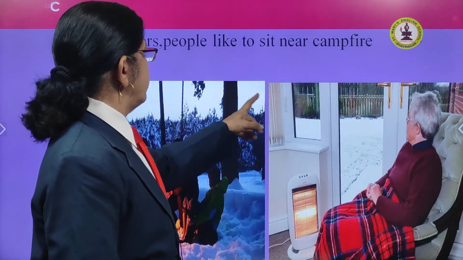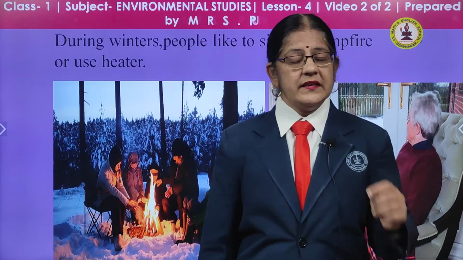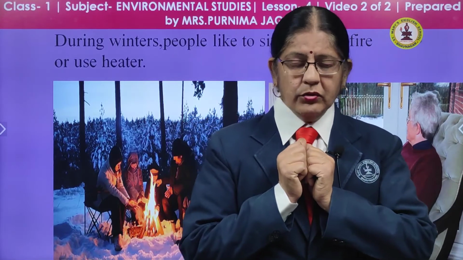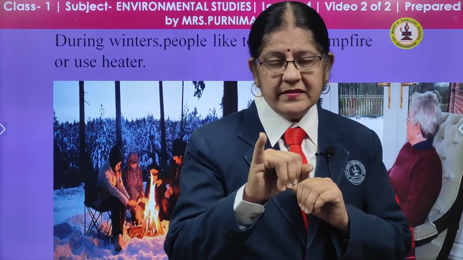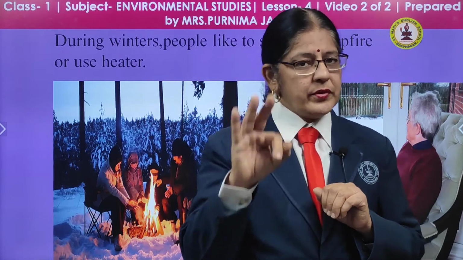During winter season, people like to sit near campfire or use heater. As I told you, in summer season, we want to keep our body cool. So, we eat ice creams, we drink cold drinks, we like to be in the swimming pool.